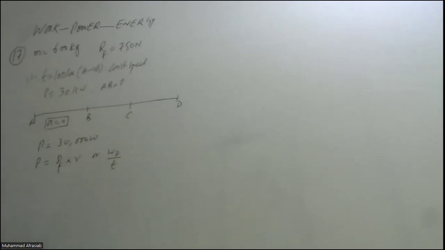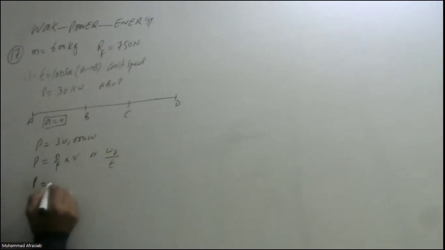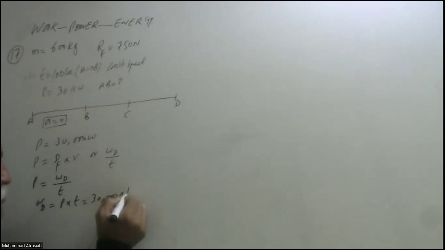Since time is mentioned in this statement, we are going to use the time formula. Power is work done by the driving force over time, so work done by the driving force is equal to power times time. Power is 30,000 and time is 100 seconds, so this will be the work done by the driving force in joules.